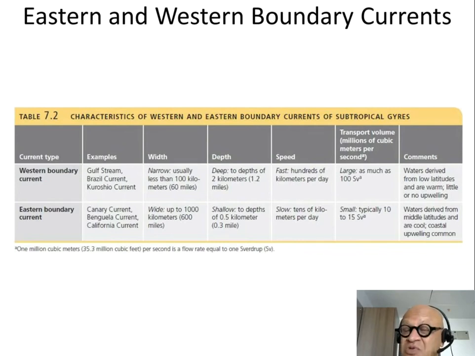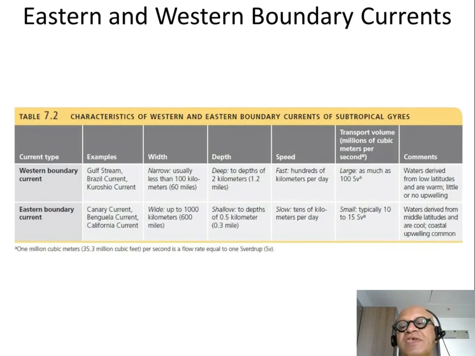Not all of them are 2 kilometers, but nonetheless, they are fast, hundreds of kilometers per day. That's more than a meter per second. As I said, most ocean currents are in centimeters per second, but the western boundary currents are in meters per second. They carry as much water as 100 Sverdrups.